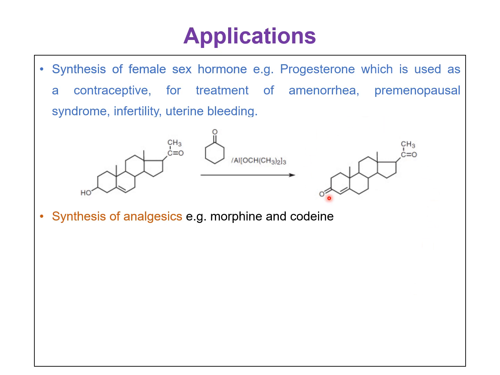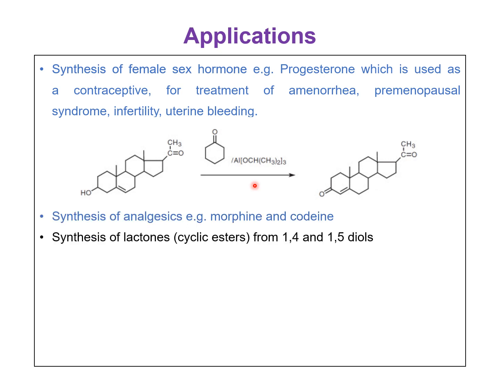So in the conversion of cholesterol into cholestenone, there occurs conversion of the hydroxyl group into the ketone group, and this unsaturation is also shifted to the ring which is containing the ketone. Here they have used cyclohexanone.